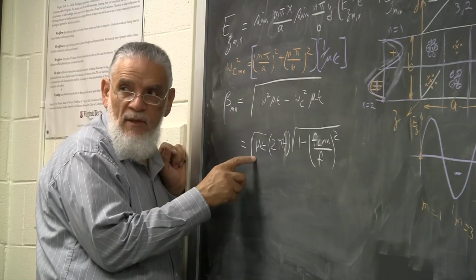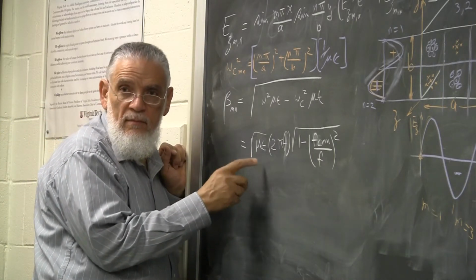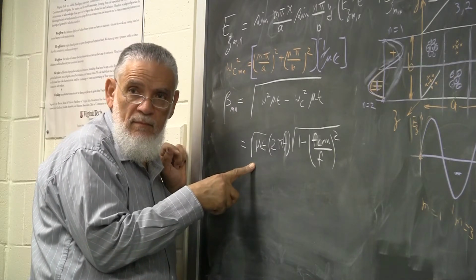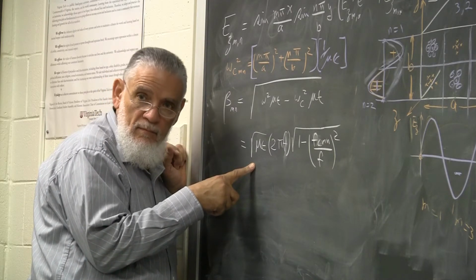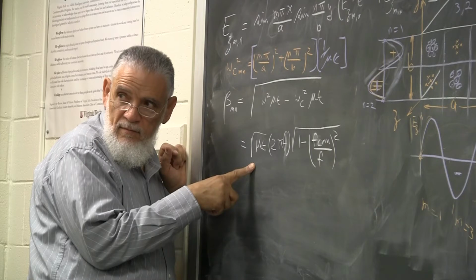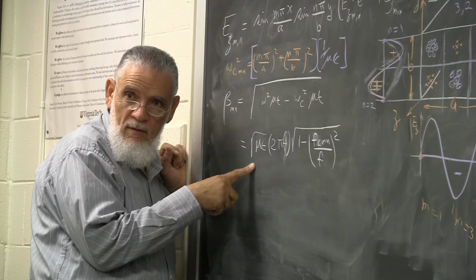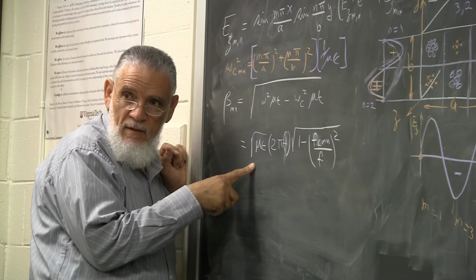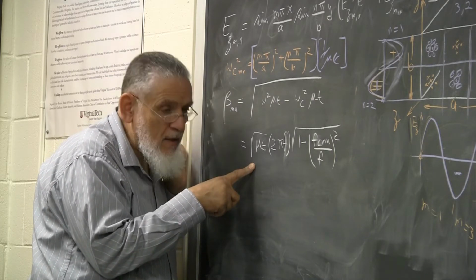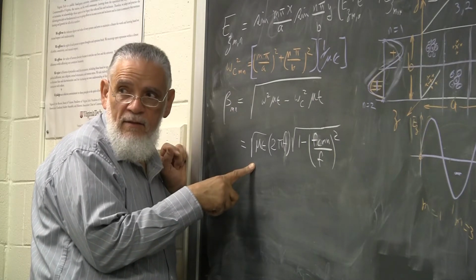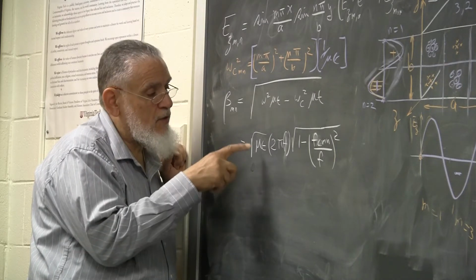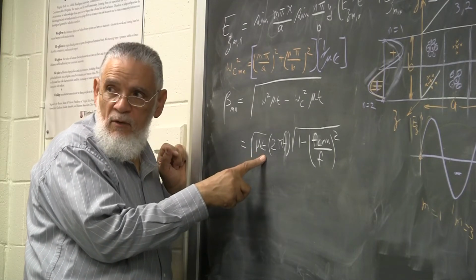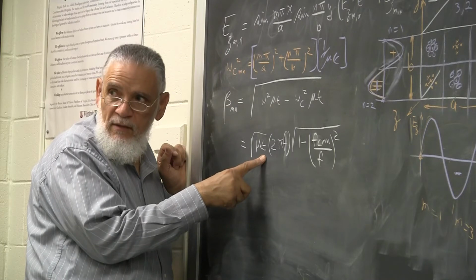What's the square root of mu epsilon? Let's see. It's 1 over the phase velocity in the medium, right? Unguided. If it is mu naught and epsilon naught, it would be 1 over the speed of light in free space, right?